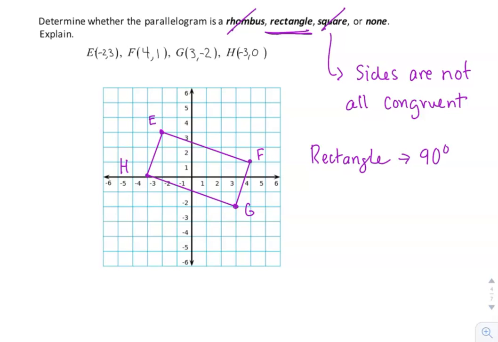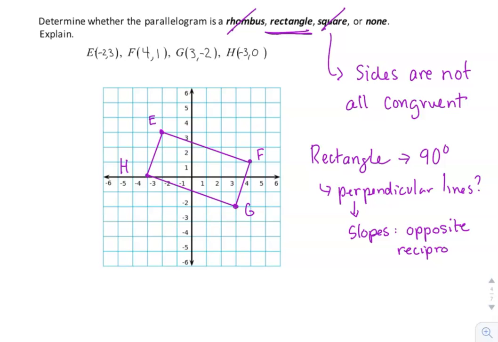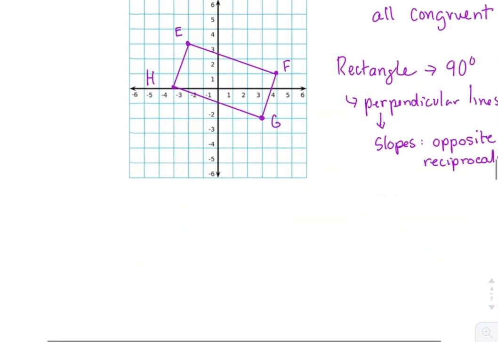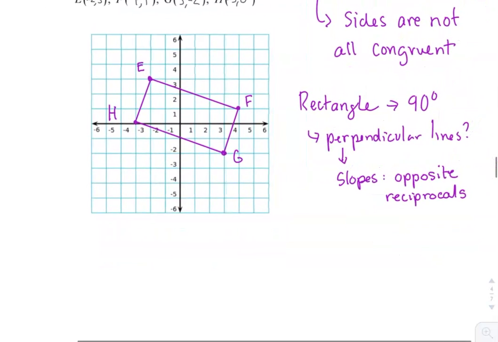So remember, when we're dealing with a coordinate plane, we know that we can prove that we have 90-degree angles if we can show that we have perpendicular lines, right? So do we have perpendicular lines? If we do, their slopes should be opposite reciprocals. So don't forget about that. We have covered that. So let's check and see if our slopes are opposite reciprocals. They look that way, but let's prove it.